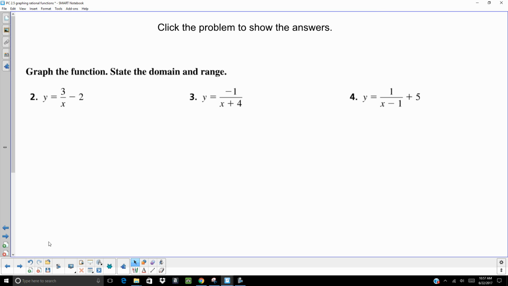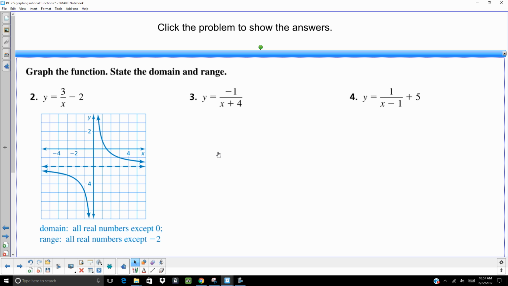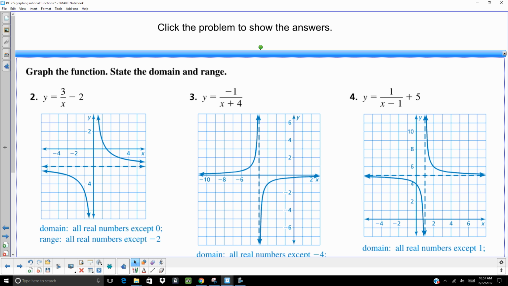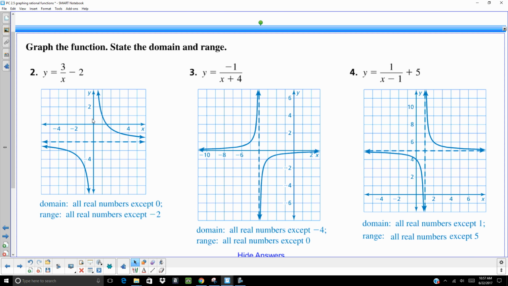What I suggest you do is hit pause. Try these 3 on your own. When you think you have them, hit the play button and check your answers. Here you have a vertical asymptote at x equals 0, horizontal at y equals -2.